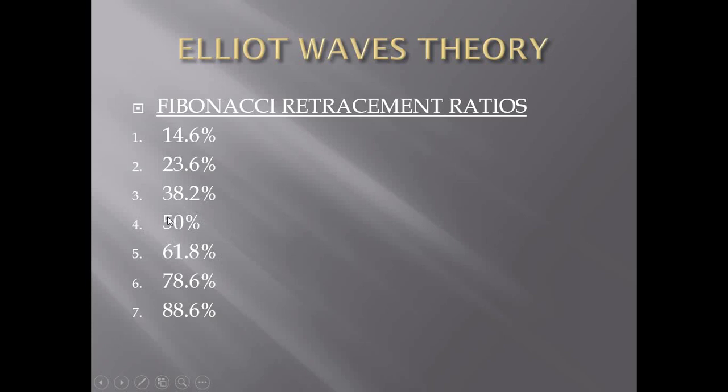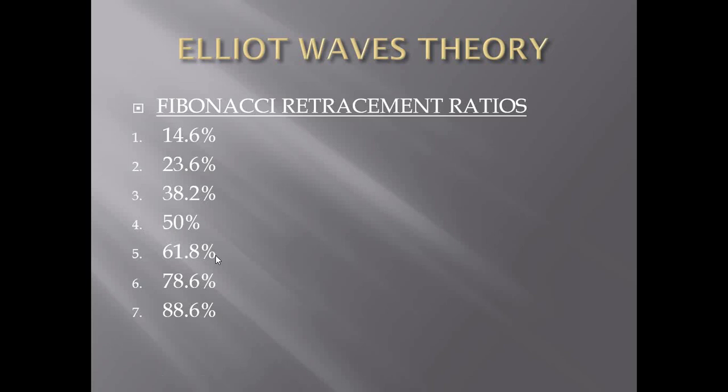Specifically, 50% and 61.8% are the levels where the market often retraces. The market very often completes corrections around 50% and 61.8%, and 61.8% is often called the golden ratio in Elliott wave theory.